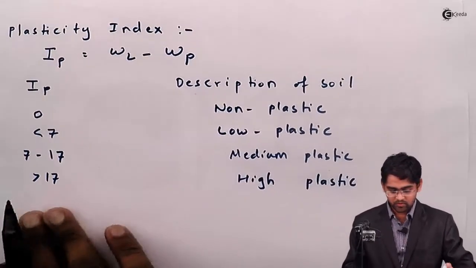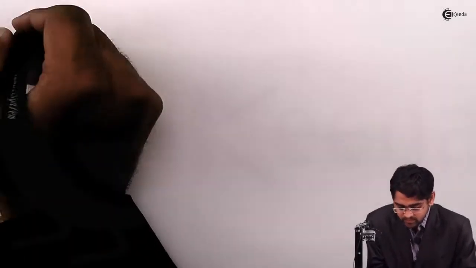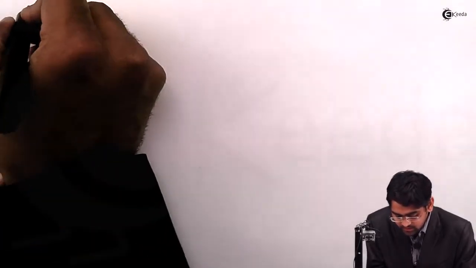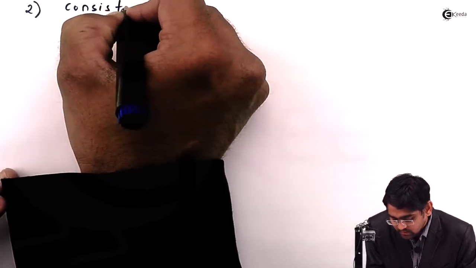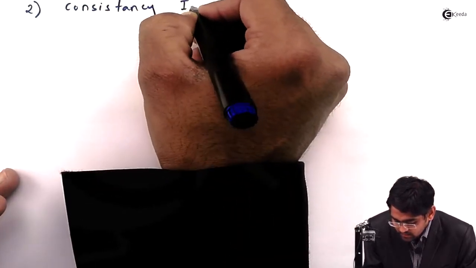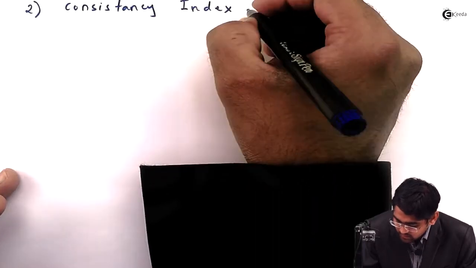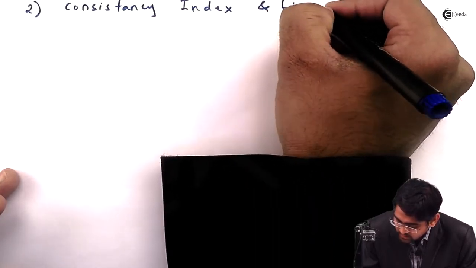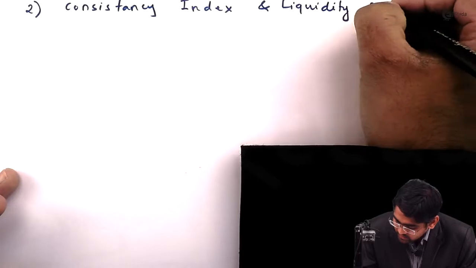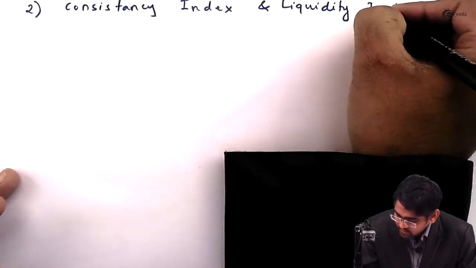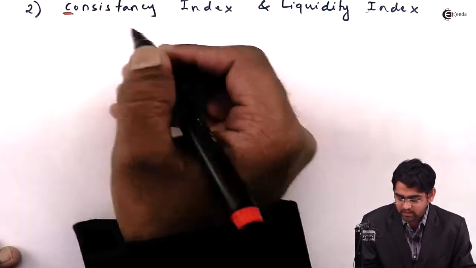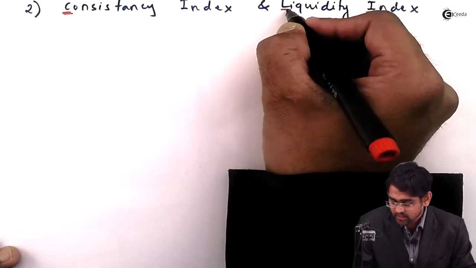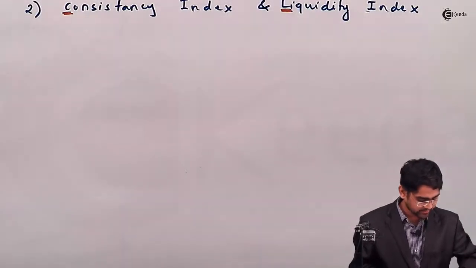Further we will go for more definitions of the consistency index and liquidity index. Over here in the alphabet C comes first, that's why I'll introduce C first and then liquidity later.